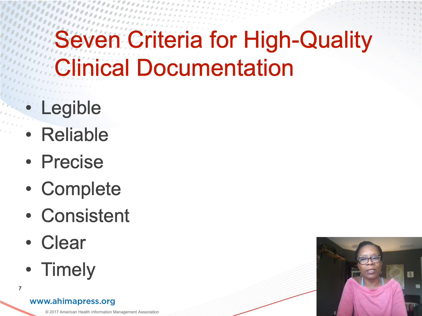The 7 criteria require that all entries in the patient record be, first, legible, reliable, precise, complete, consistent, clear, and timely. And we're going to dive more into each one of these. So let's talk about legible.